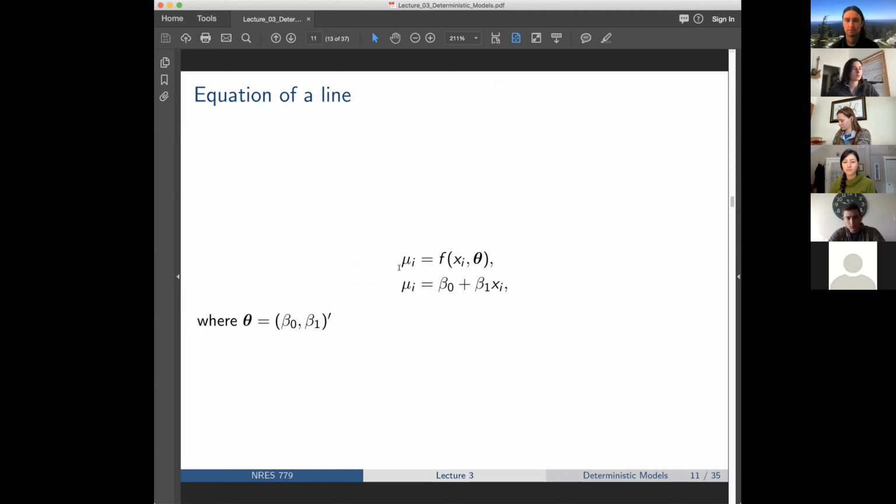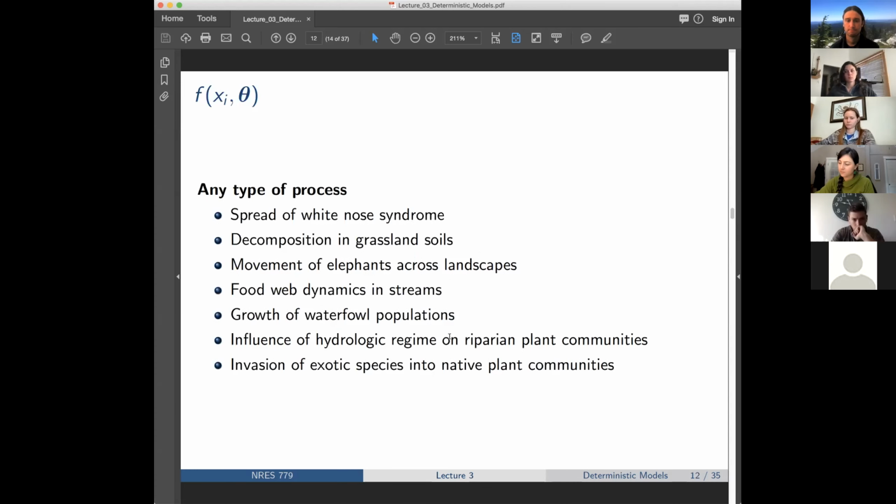Okay, and then one of the basic forms of the functions that we use is beta 0 plus beta 1 x, where theta equals beta 0 and beta 1. So this is what I went through in that example. Now, f of x and theta is going to represent any process we're interested in in ecology. Some examples are the spread of white nose syndrome.